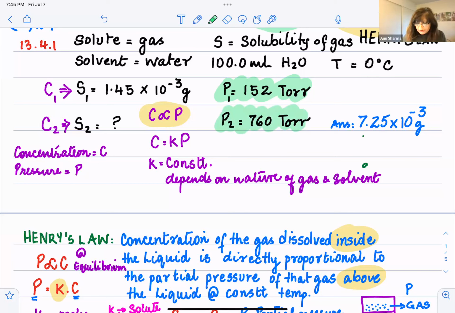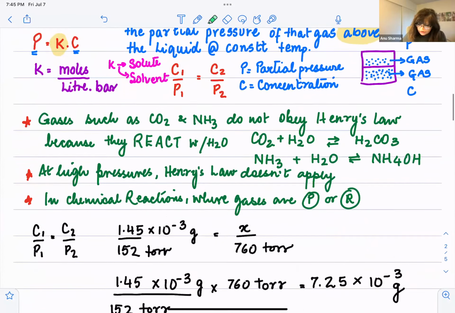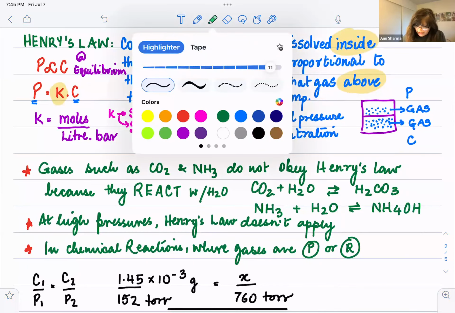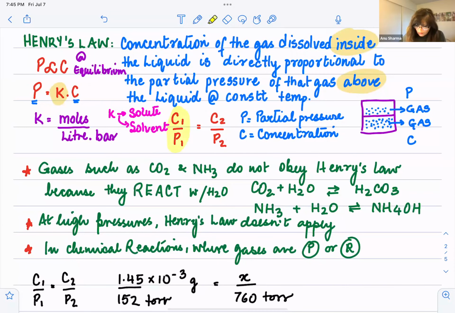So when the partial pressure was 152 torr, the concentration of the gas was 1.45 times 10 to the power minus 3. But when the pressure was increased, what happened to the solubility, or the concentration of that gas? So find that. Here, the formula, which is not given in the book but you should know, is C1 over P1 is equal to C2 over P2. What is C1?